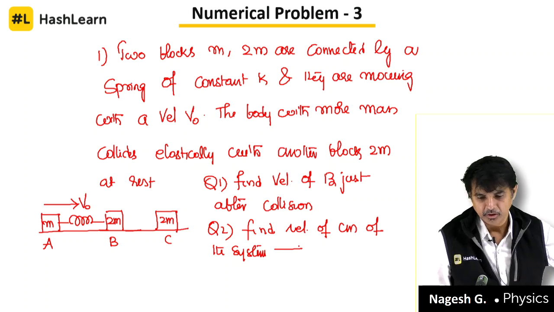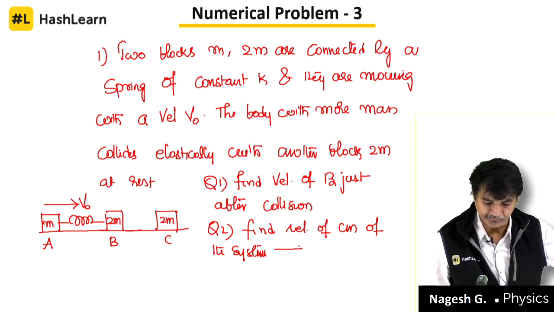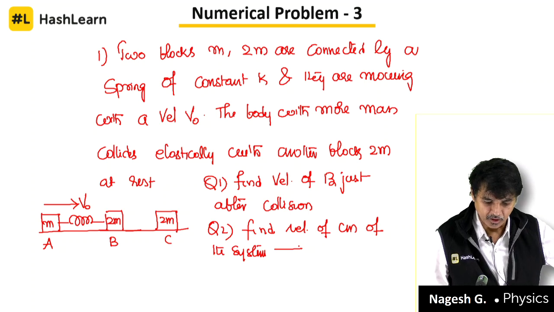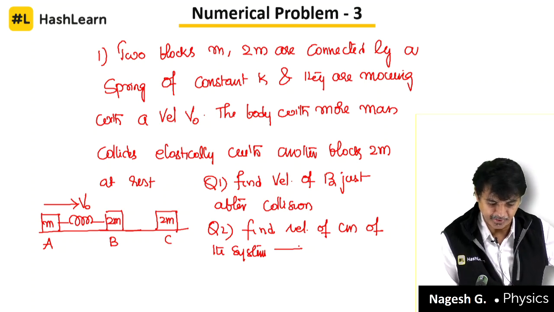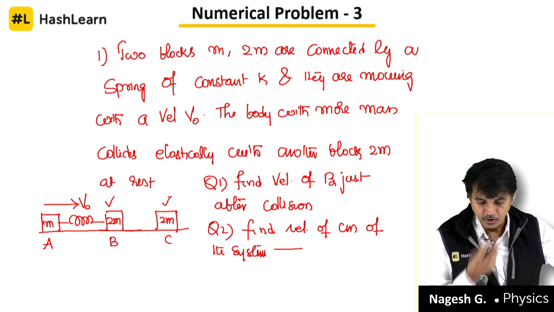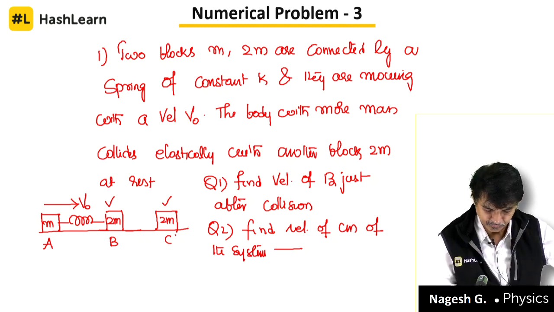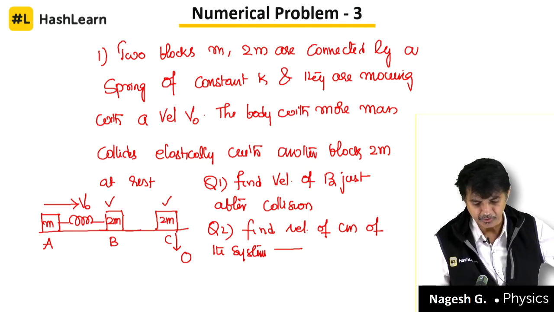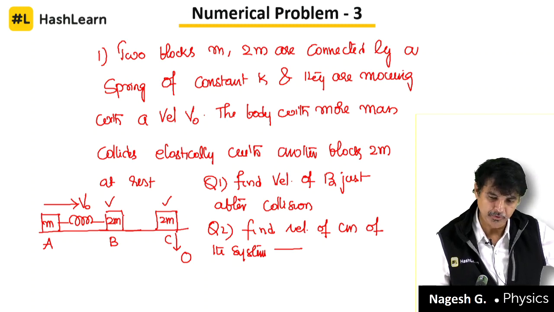In an elastic collision, we know that the momentum of the system before collision will be equal to the momentum of the system after collision. The collision here happened between this block and this block. It is mentioned that this block is at rest before collision and this block has a speed of V naught.